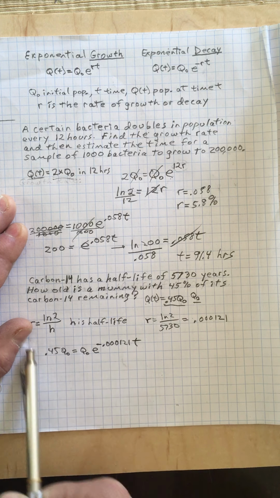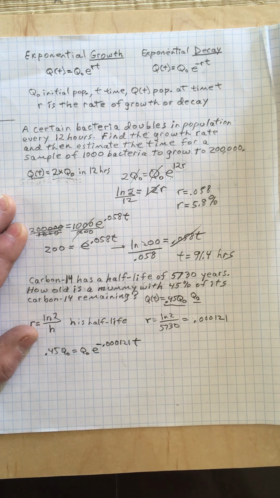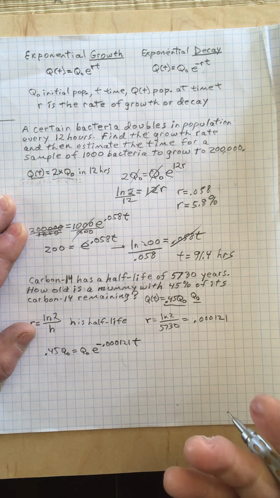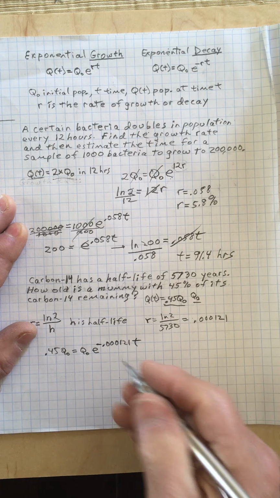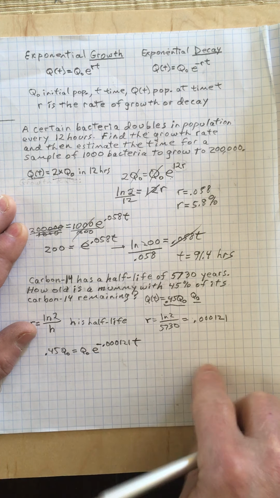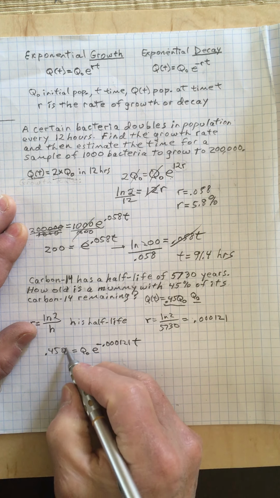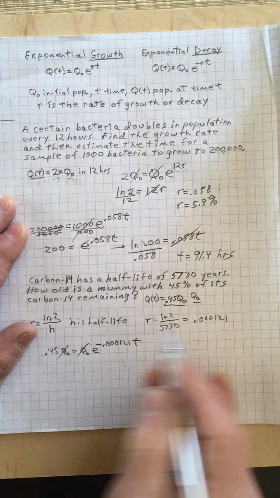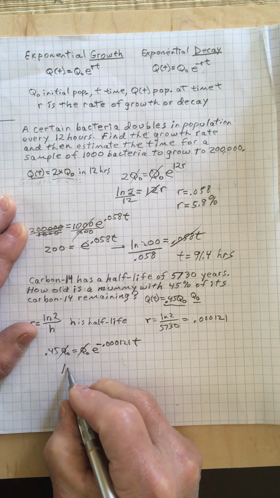And again, I think this is starting to look real familiar. Isolate the e term, take the natural log of both sides, and it cancels it out, and you get the exponent down where you can work with it. So those cancel. Take the natural log of both sides.